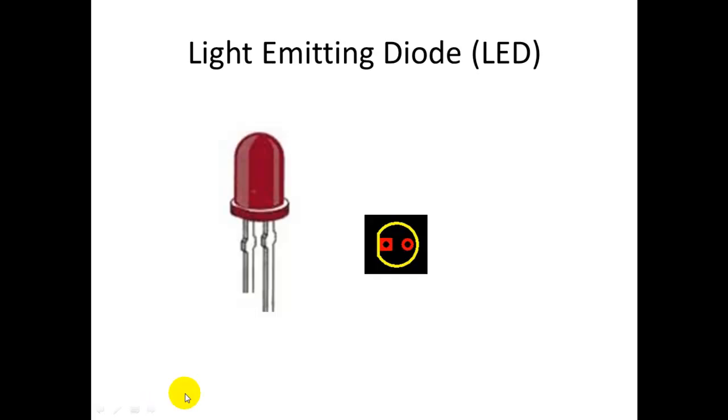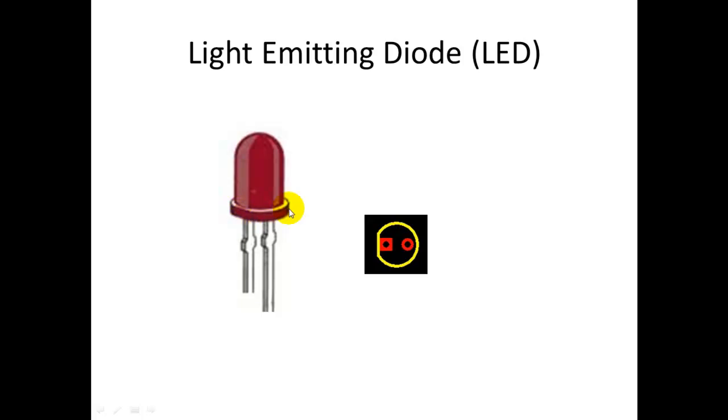The next component is an LED, or a light emitting diode. A light emitting diode has a positive and a negative, so it has to be connected in the correct way. The negative, or the cathode, is usually the shorter lead, and up here on the periphery of the housing of the LED there is a slight flat surface.